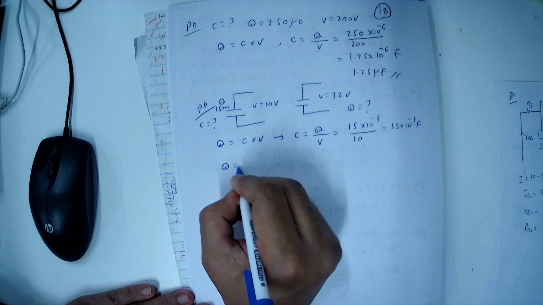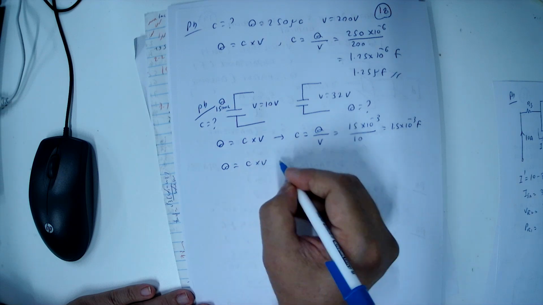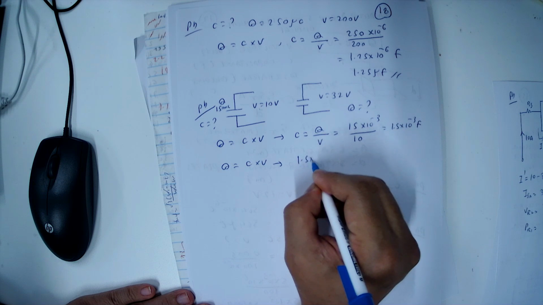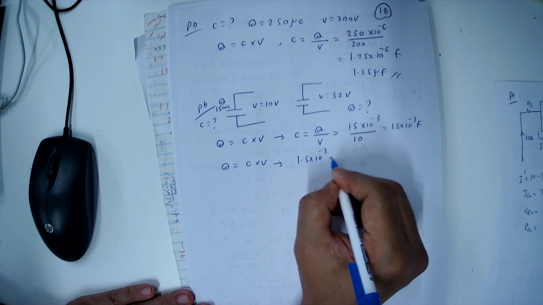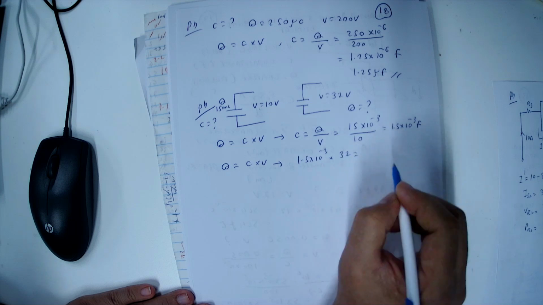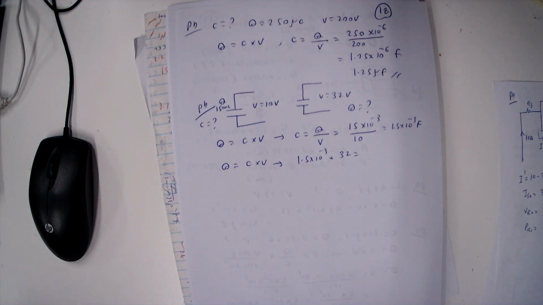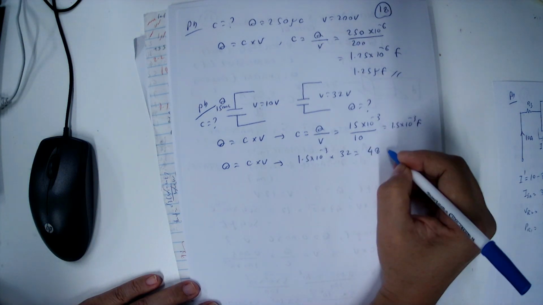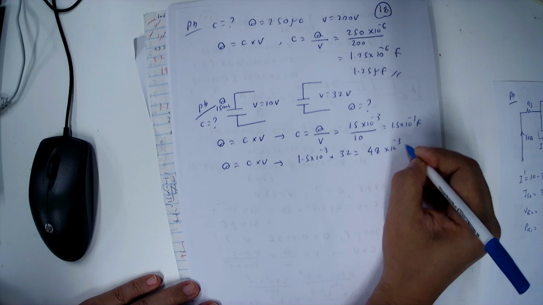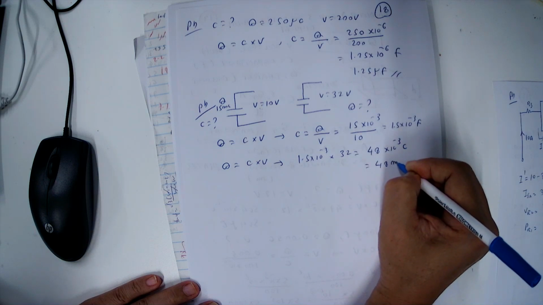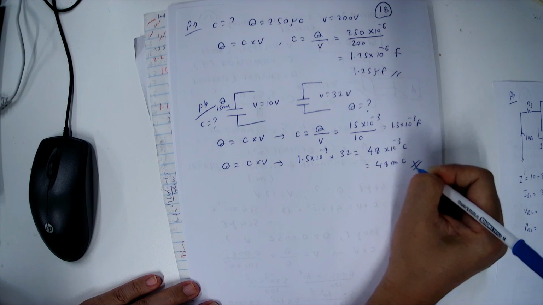Q equal to C multiplying V. In this case, capacitance value is 1.5 into 10 power minus 6, and the voltage is 32 volt. So we calculate the charge. So that will be 48 into 10 power minus 6 coulomb or 48 microcoulomb. So this is the answer.